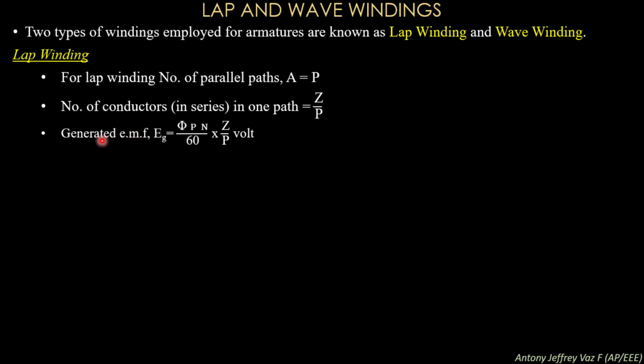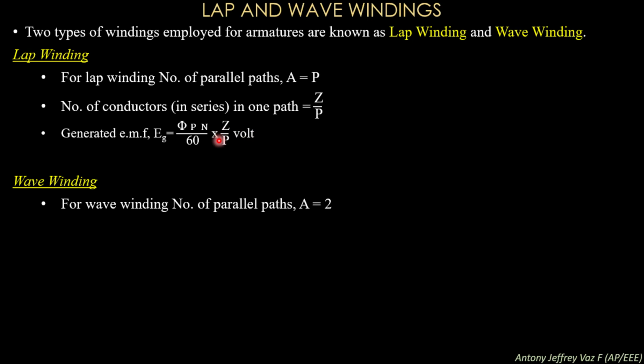So the generated EMF Eg is equal to φPN divided by 60 into Z by P volts. Here you can see the term A, the number of parallel paths, is represented by P. So for lap winding you should substitute A equal to the number of poles present in the generator.